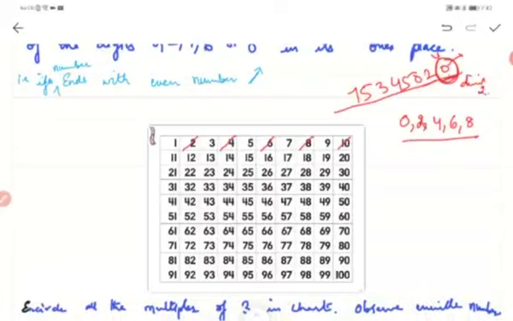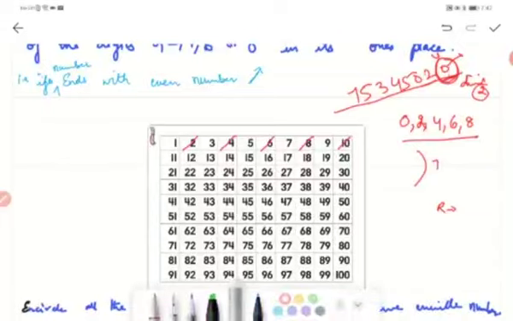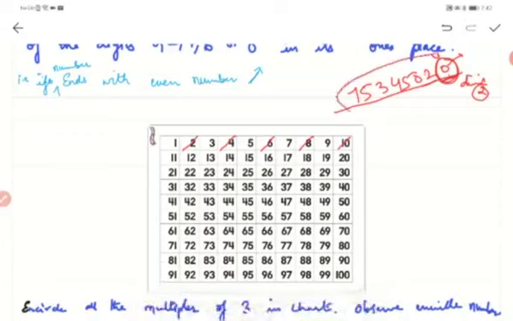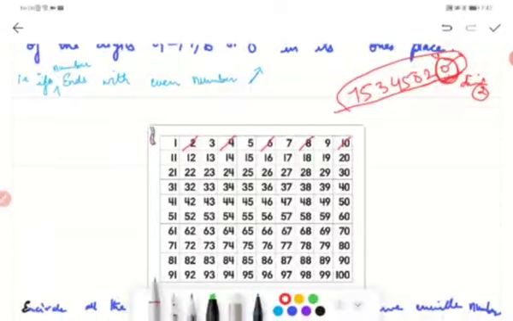It's so easy. Otherwise you do the division, and after division if you get remainder 0, then you will say that it is divisible by 2, isn't it? So instead of going so long, sometimes it will be asked, by using your divisibility test, find whether the given number is divisible by 2 or not, 3 or not. So what about 3?